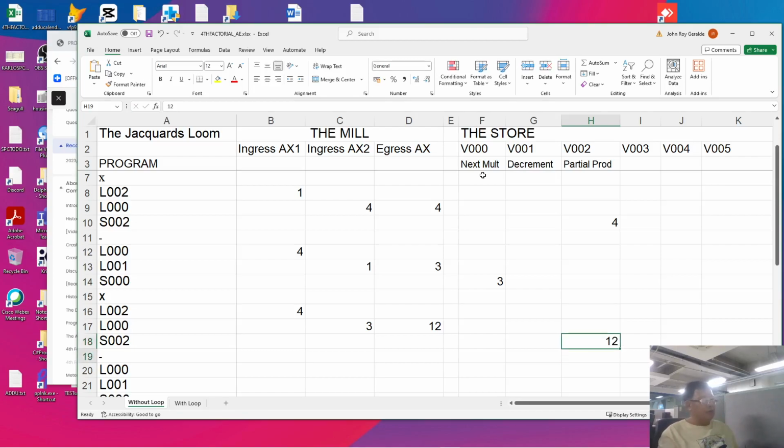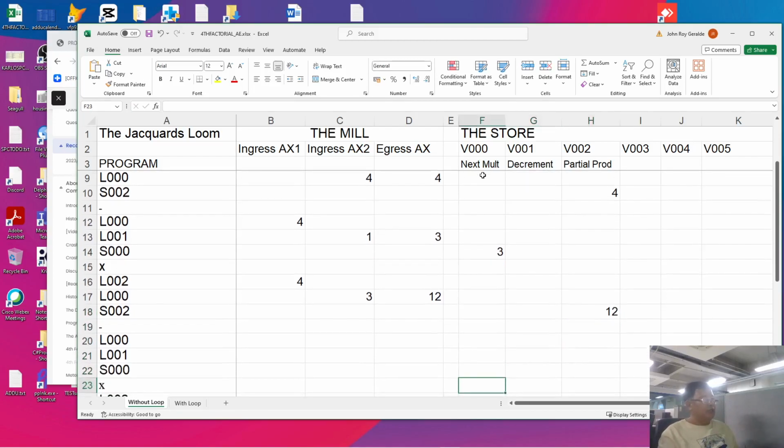And then we repeat the process, which computes the next multiplier. We say minus L000. We know that L000 here is 3, minus L001, which is always 1. So 3 minus 1 equals 2. And then we store it to 000. Again, this becomes 2, which means that our next multiplier is 2.